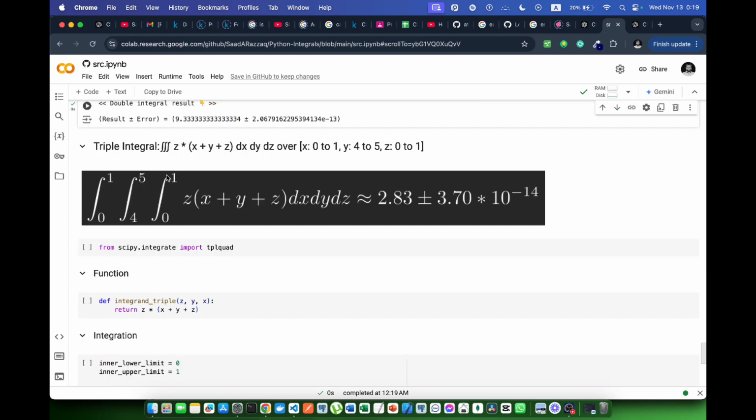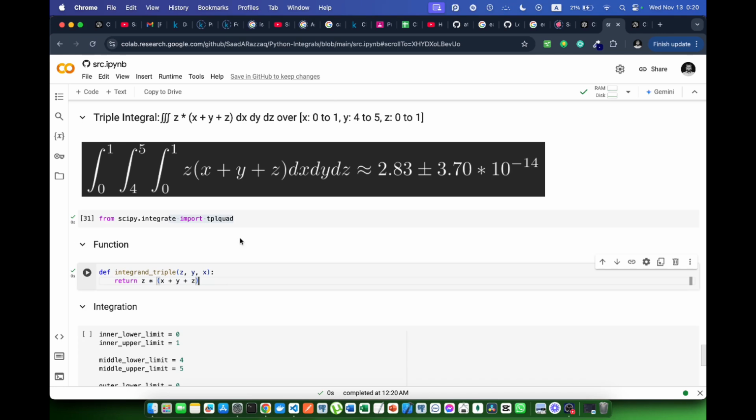Moving on to triple integration. For triple integration, there is an inner integration, a middle integration, and an outer integration. Remember I said that for double and triple integration, we need to have lambdas with all the outer integrals. So only the single inner integral will have just the upper limit and lower limit. All the outer ones, the middle and outer one, will have lambdas involved with them. First run this, importing tplquad, defining the function here, z multiplied by x plus y plus z.